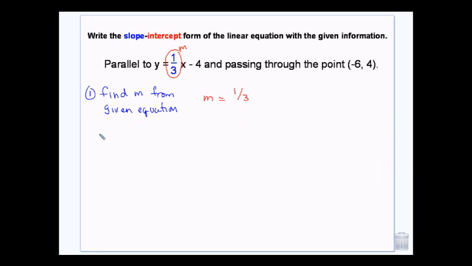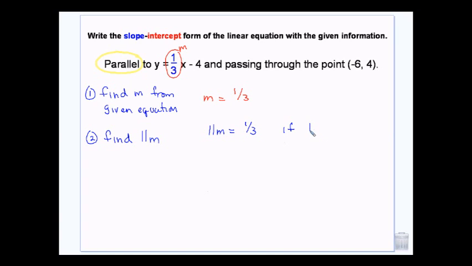Then our next step is to find, last time we were talking about perpendicular, now we're talking about parallel. So instead of finding perpendicular m, we're going to find parallel m. Well, parallel m is the same, right? If things are parallel, they're the same slope. So we're going to use 1/3 again.